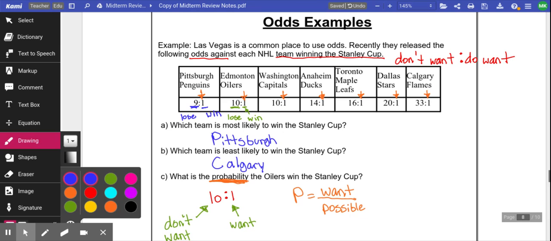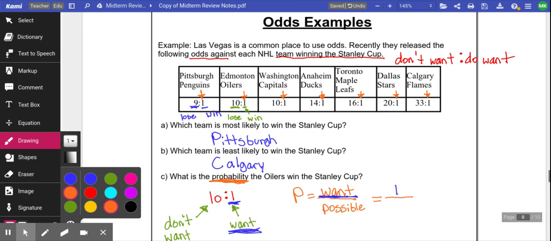Well, one of these numbers is going to be easy. What I want is in common. So it's pretty easy for me to say, all right, my probability on the top is going to be 1, because that number's in common. I got it right from my odds. But in my odds, nowhere does it have a possible value. It has a don't want and a want value.